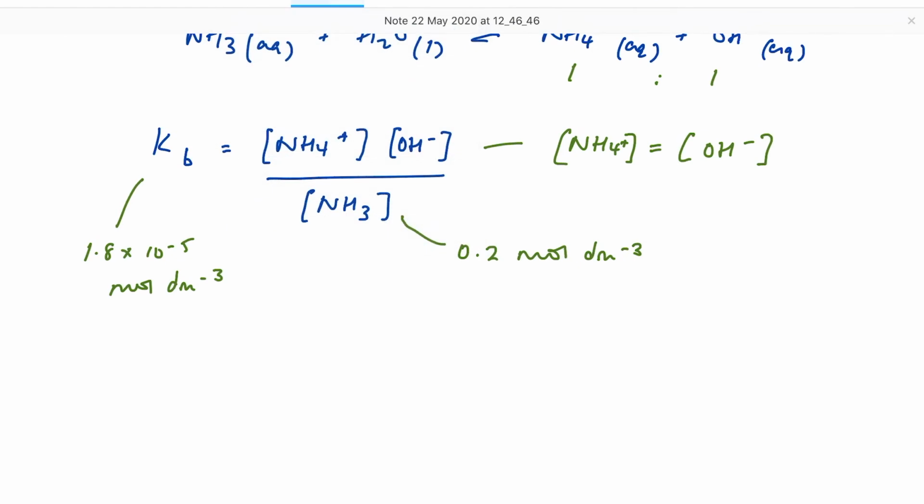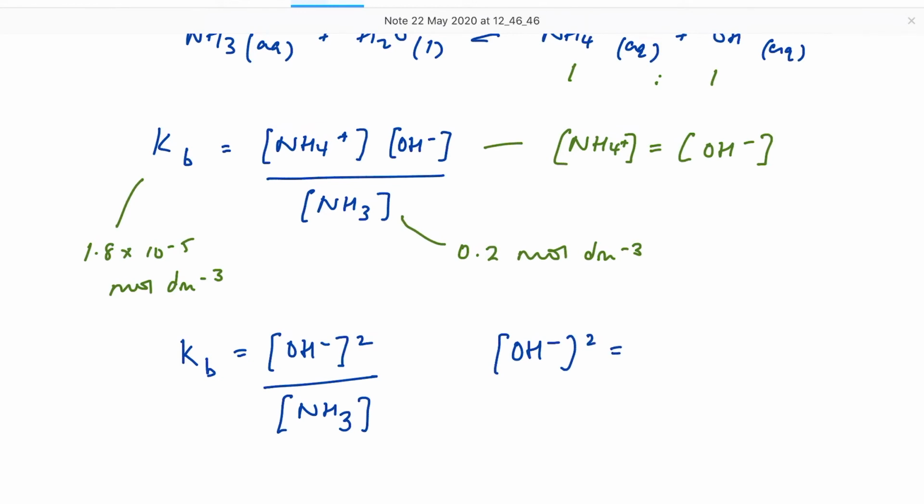So moving on, I can see that Kb is going to equal the hydroxide ion concentration squared over the ammonia concentration, which means that the hydroxide ion concentration squared is equal to Kb multiplied by the concentration of ammonia.